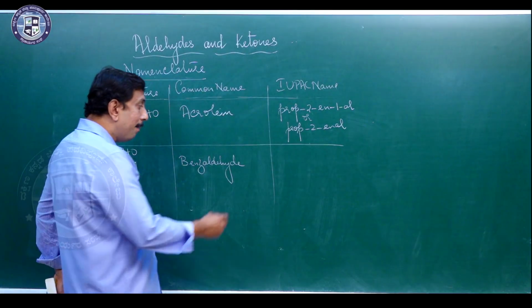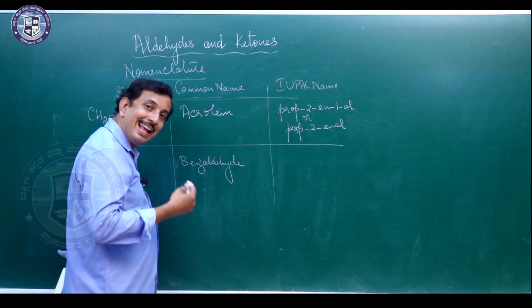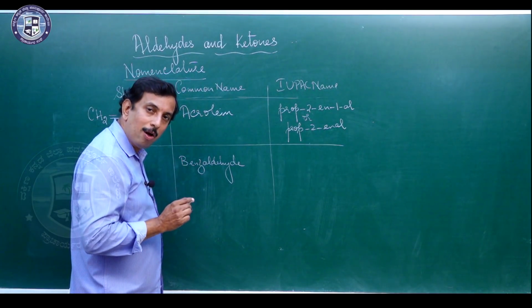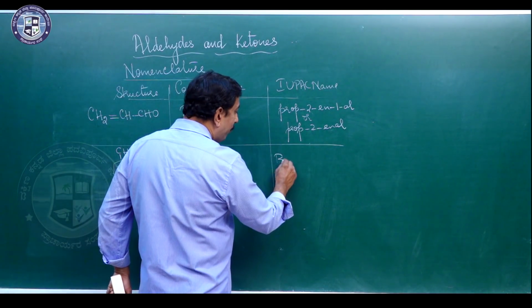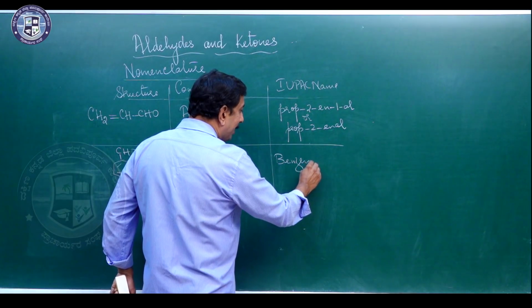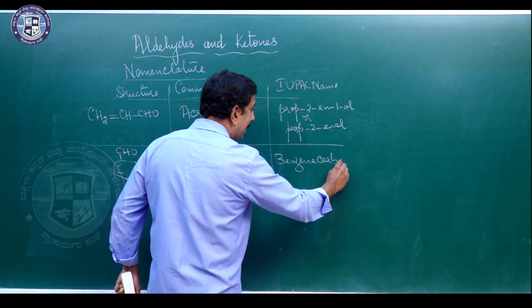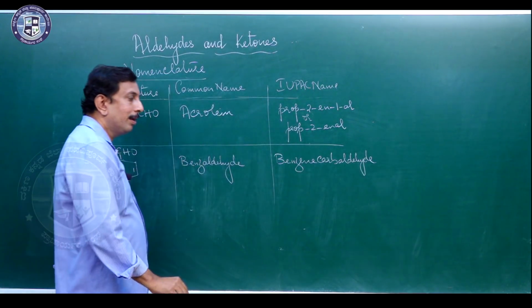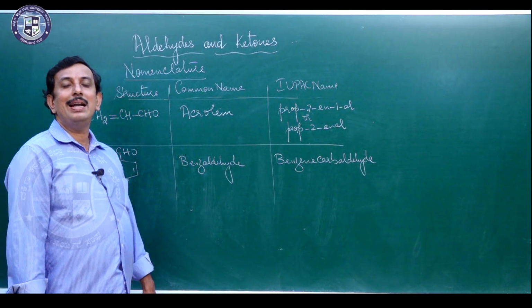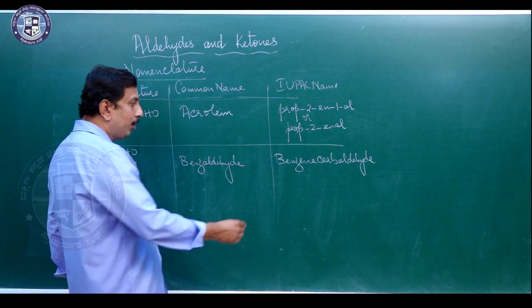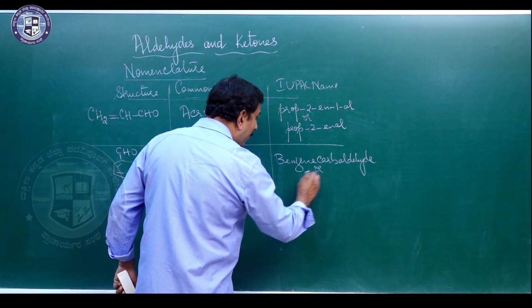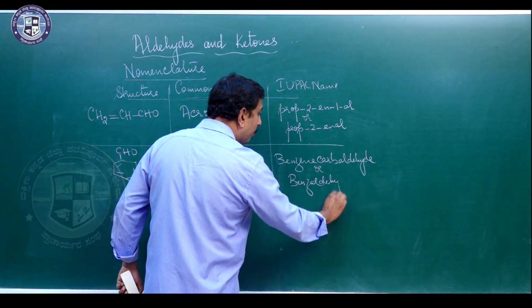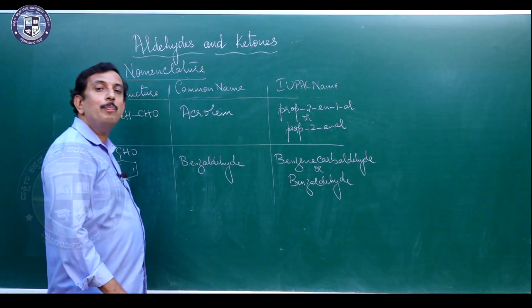I told you benzaldehyde is having IUPAC sanction, means you can name it in the IUPAC system as benzaldehyde also. But if you want to go with a more accurate name in the IUPAC system, it is benzenecarbaldehyde. Or as I told you, benzaldehyde is also having an IUPAC sanction, means you can use benzaldehyde even as IUPAC name.